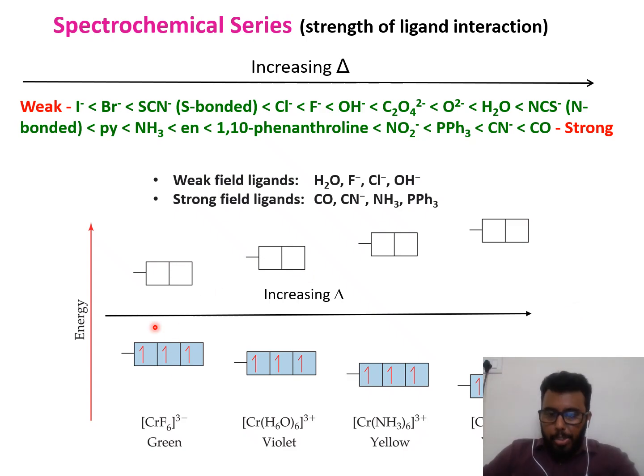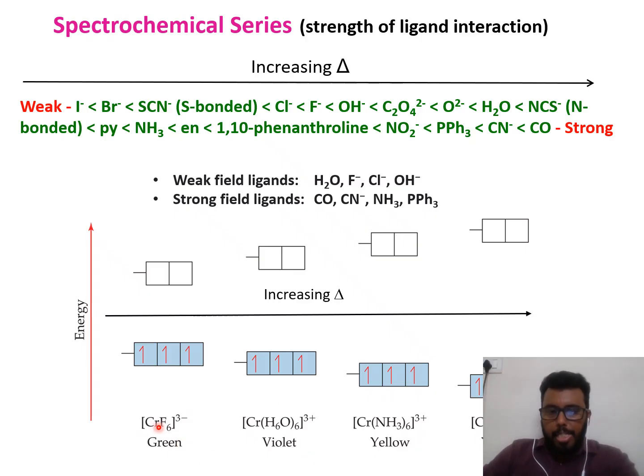And you have the t2g below this arrow and eg above the arrow. t2g, as you know, 3 orbitals, and eg 2 orbitals above. So when you move from left to right, you can see the t2g energy level is lowered. That's what we learned in crystal field theory. And the eg orbital energy is increasing from left to right.